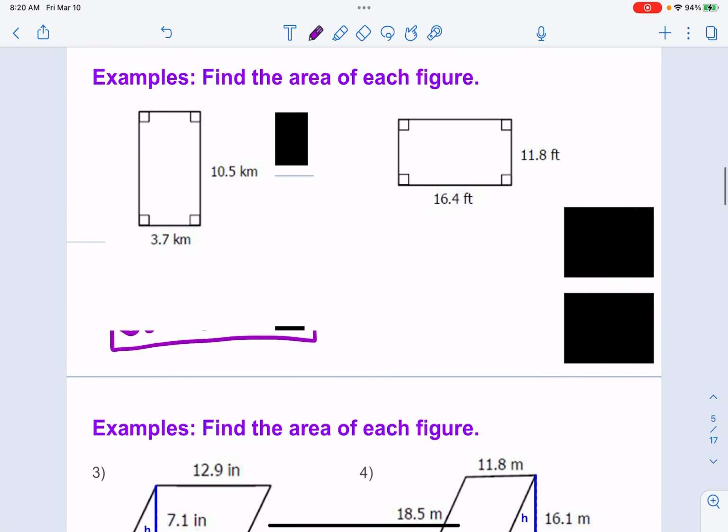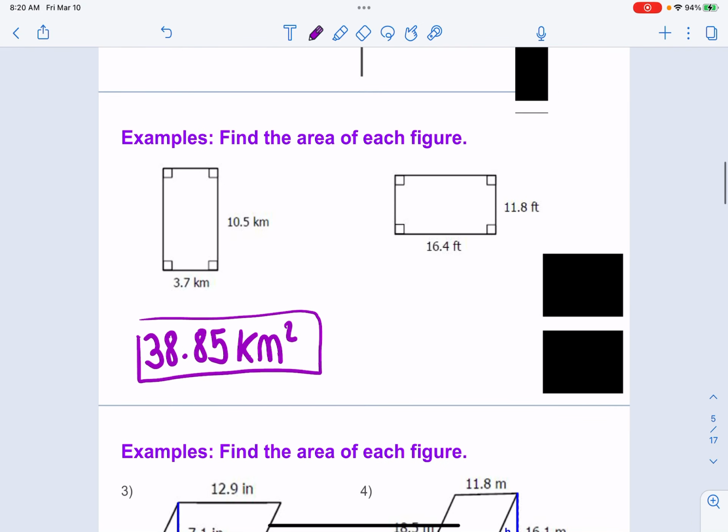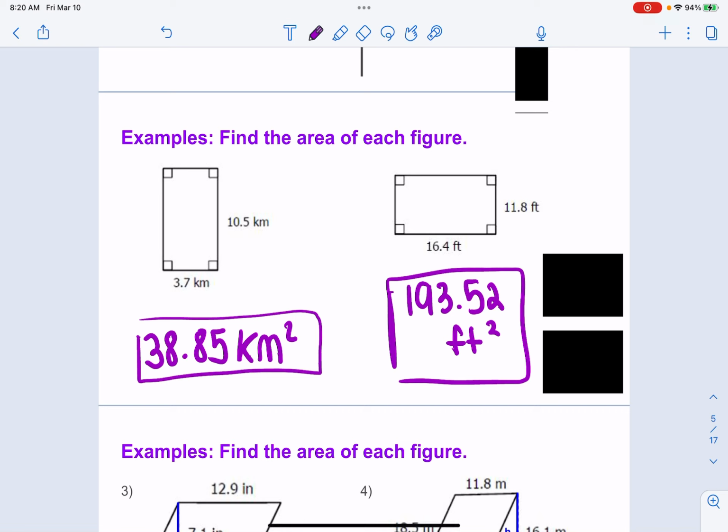For the next one, you want to do 16.4 times 11.8, and that's going to be 193.52. You want to make sure you're using units, and that's going to be squared for area. Area is the only one that's squared. For perimeter, it's just going to be the units itself.